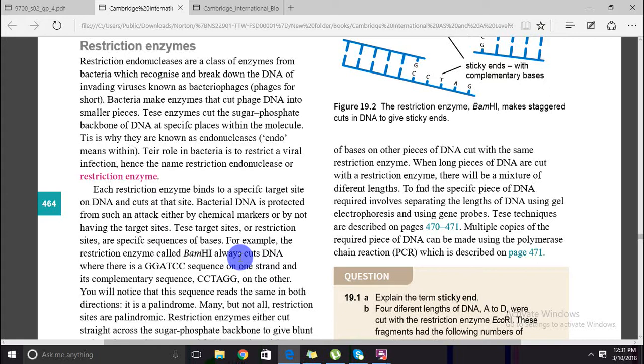So what do we do? We get that whole mixture and we put it in an electrophoresis machine, and so the fragments will be separated out into different bands, and each band will just contain one fragment type, right? And then you can have gene probes. You can have gene probes that are just identical or complementary to the fragment of DNA that you want. It won't be complementary with any other.